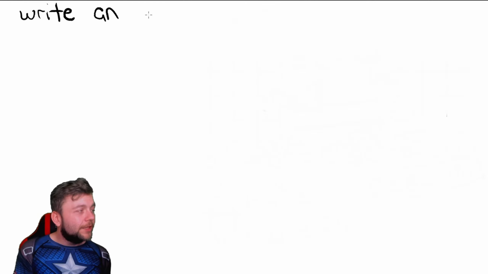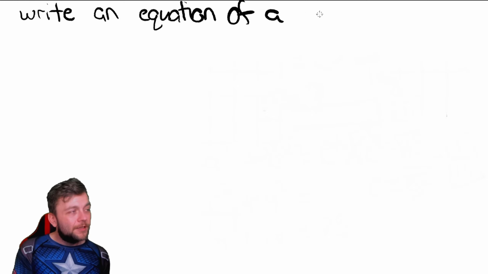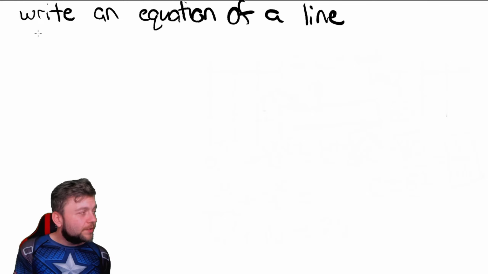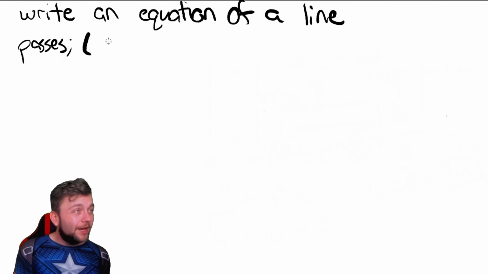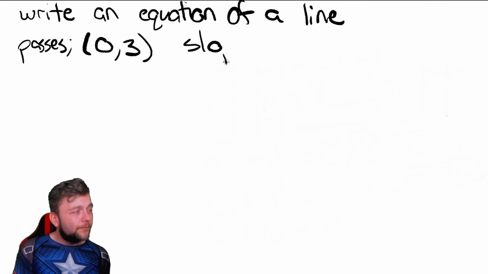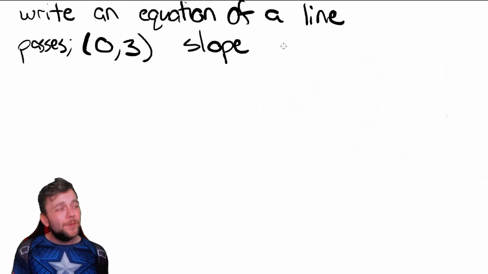Let's go with, I want to have you write an equation of a line that passes through the point 0, 3, and has a slope of, what do we want our slope to be? 2.